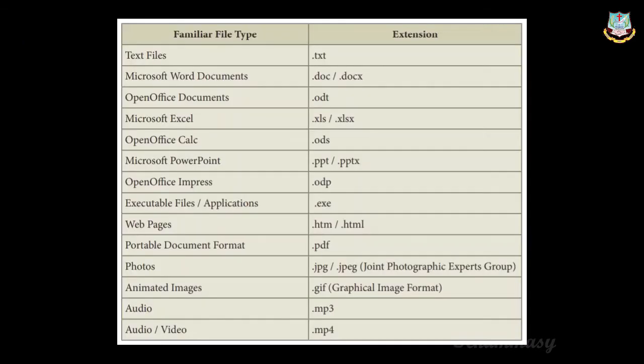Extension, here we have seen ODS, right? If it is a text file, the extension will be .txt, right? In Microsoft Word, it will be saved as .doc, representing a document, so .doc or .docx, right? An OpenOffice document means .odt.